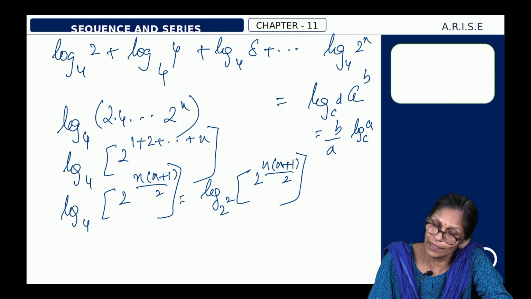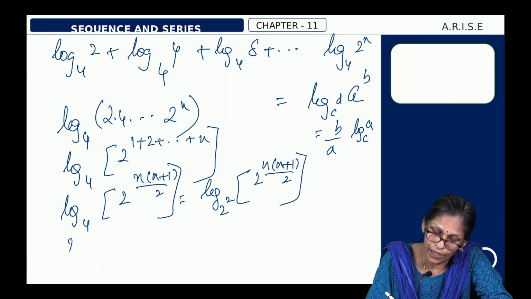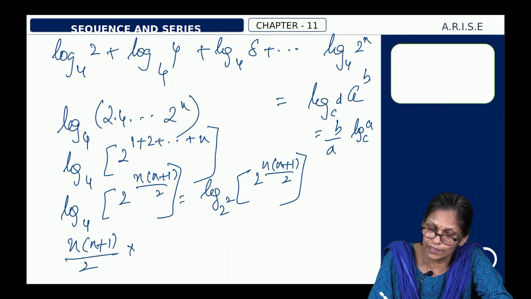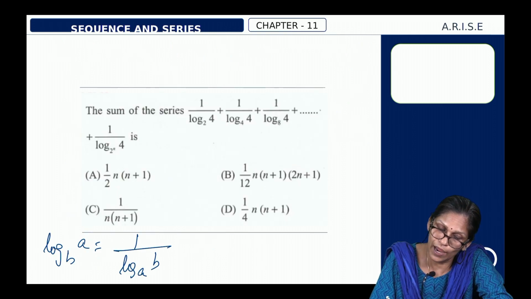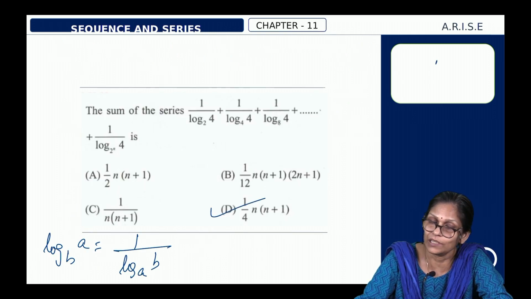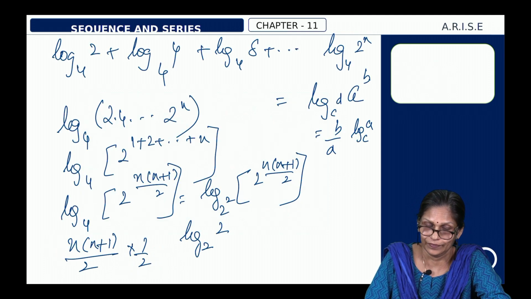So, if I apply that property here, you will have n into n plus 1 by 2, divided by 2, that is into 1 by 2 into log 2 to the base 2. That term is 1. So, what is your answer? n into n plus 1 by 4. Option D is your answer.